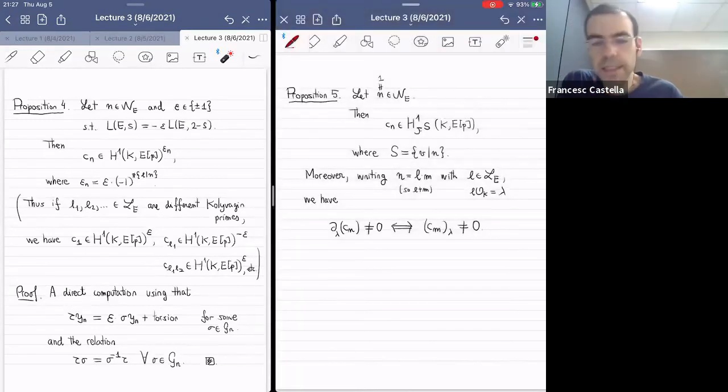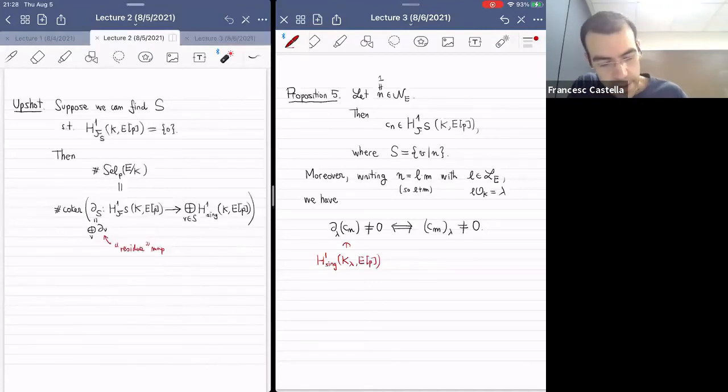Okay, so this partial delta of Cn, this is non-zero as an element in H1 singular K lambda EP. Okay, and this map partial lambda is precisely the one appearing here. Okay, so we're looking at the image in this singular quotient. On the other hand, this is the restriction to the prime lambda.